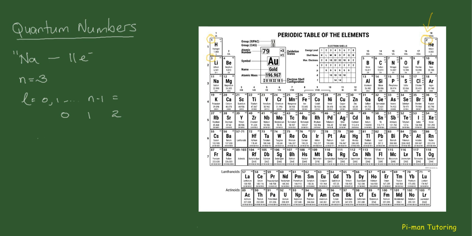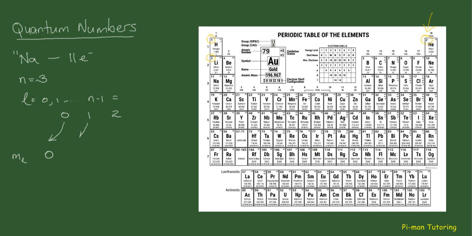What about our ML values? Well, if we take the L equals 0 case, remember that ML can vary between negative L and positive L. And so if L is 0, the only possible value of ML is 0 itself.